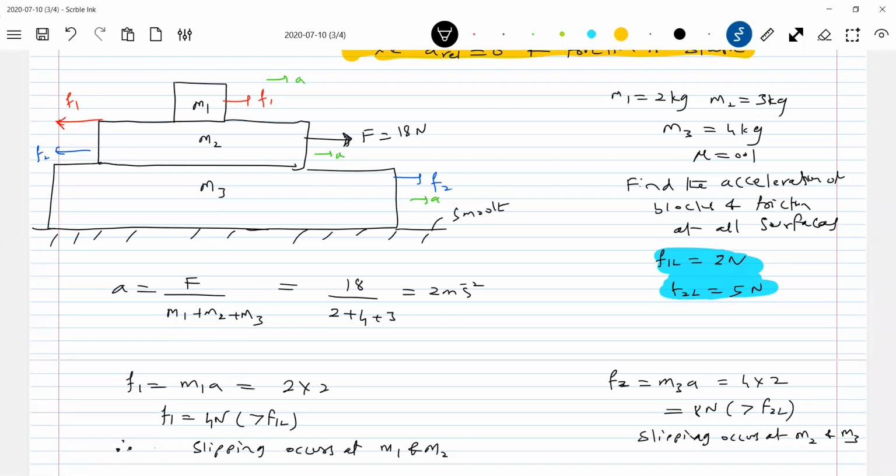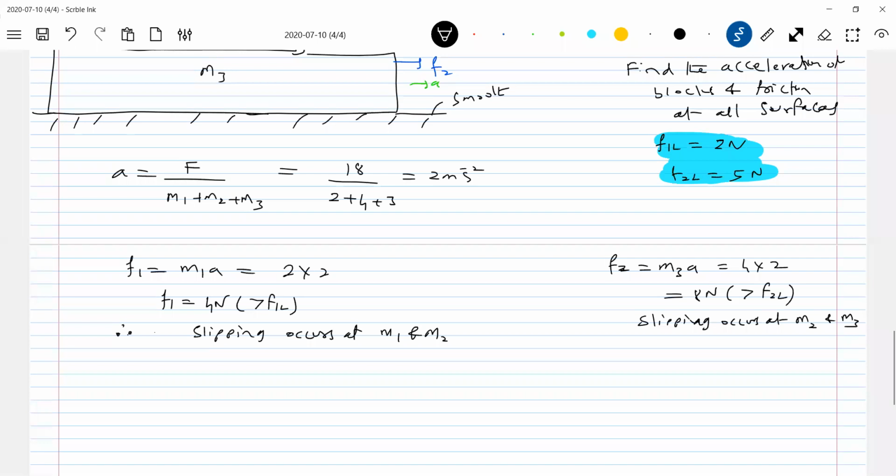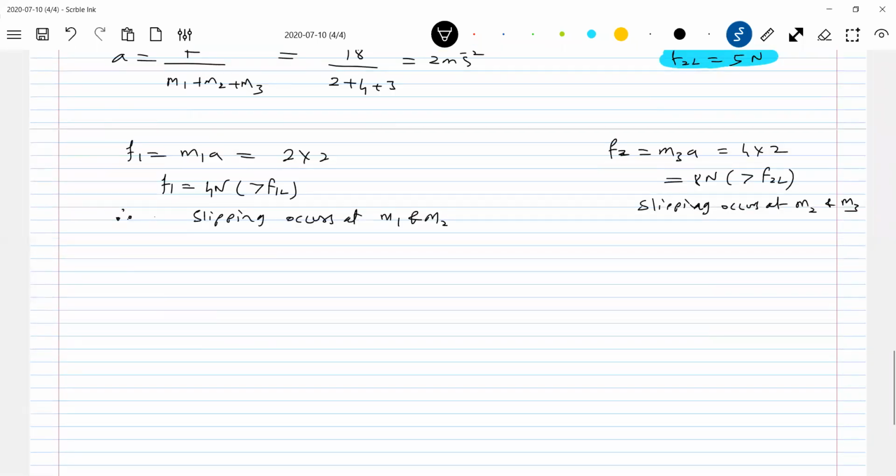Okay, is there any possibility that slipping occurs at 1, 2 and no slipping occurs at 2, 3? Can be, no. So how many things are there? First, no slipping occurs at all surfaces. So what was the assumption? No slipping occurs at all surfaces. In fact, slipping occurs at all surfaces, what we got.